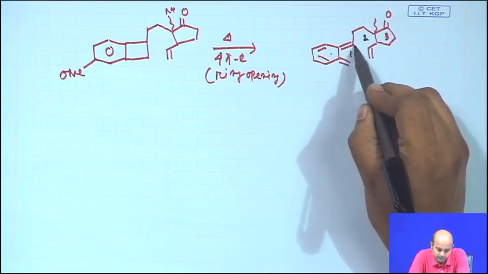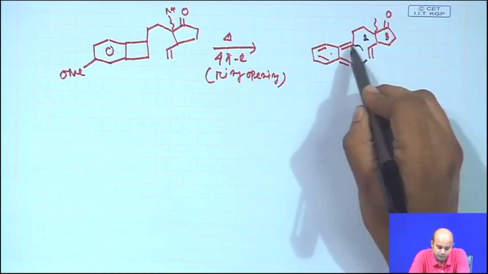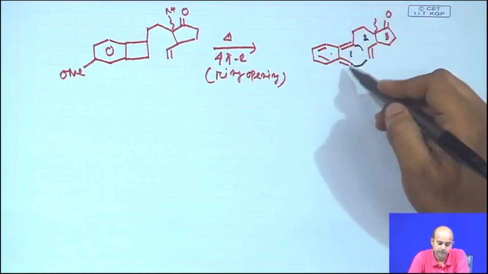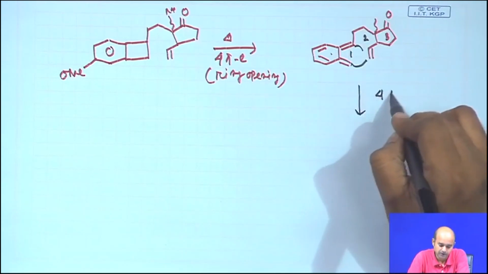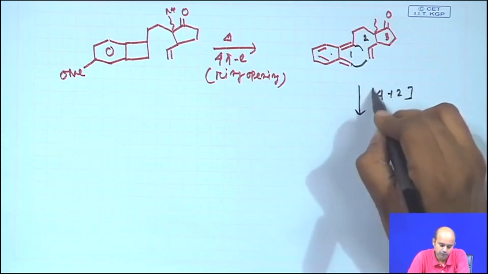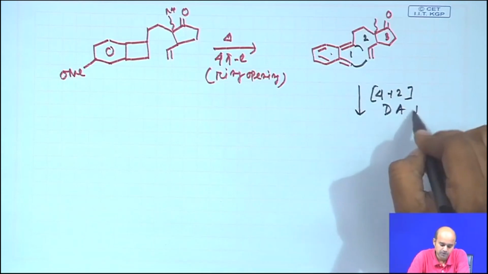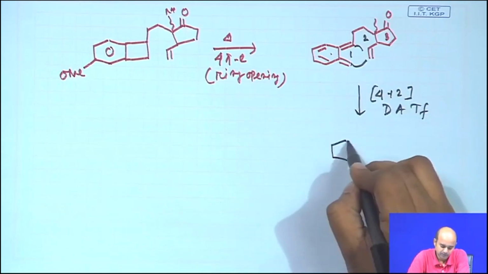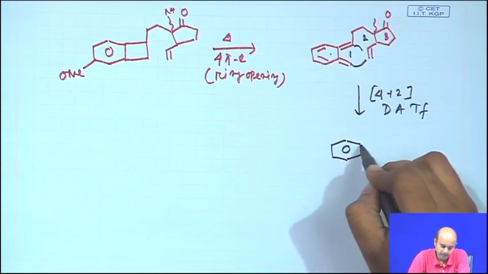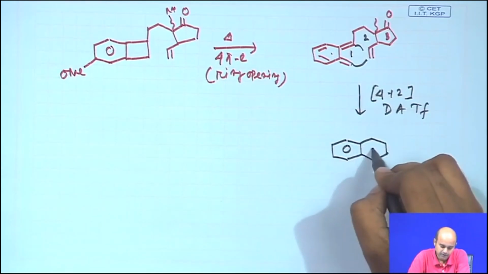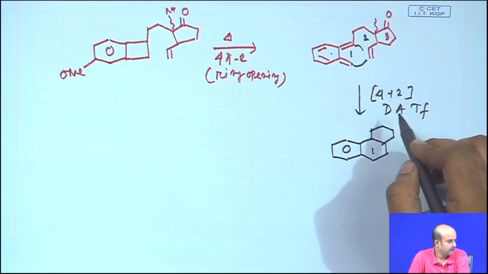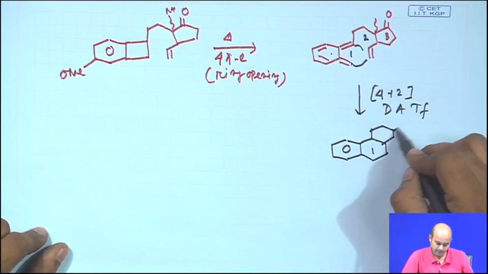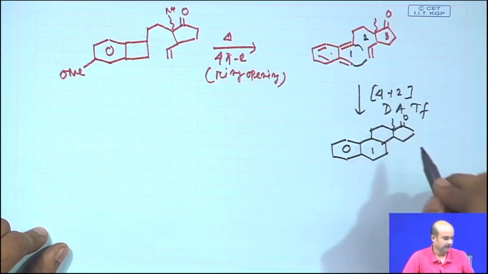This is the diene part, this and this. So, 4 plus 2, once it closes, it gives you 2 rings together. So, that was very interesting. So, 4 plus 2 or Diels-Alder transformation takes place, and then basically you get the first ring 1, the second ring is this, and then finally you will be having the other ring.